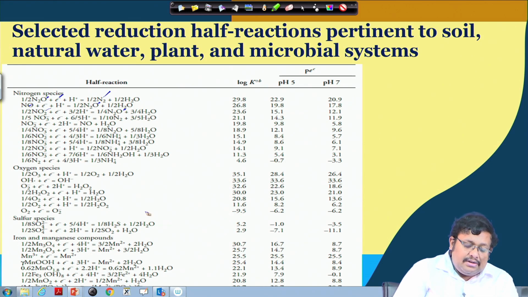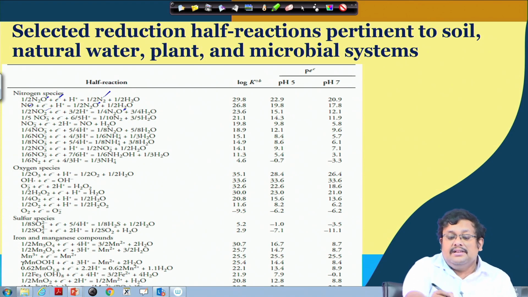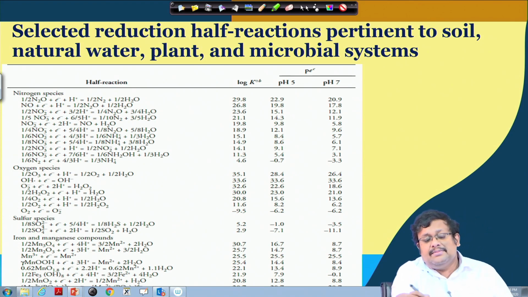For iron and manganese compounds, you can see Mn3O4 can be converted to Mn2 plus, Mn2O3 can be converted to Mn2 plus, and different oxidized iron forms can also be converted to reduced compounds by accepting electrons. So, these are some examples of selected reduction half reactions pertinent to soil, water, plant and microbial systems.